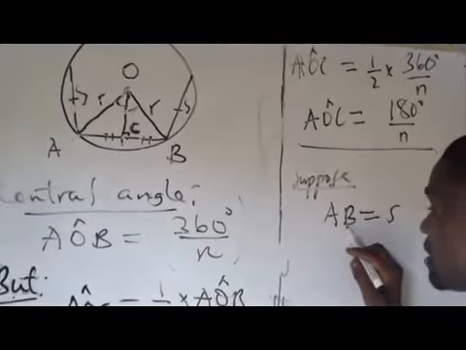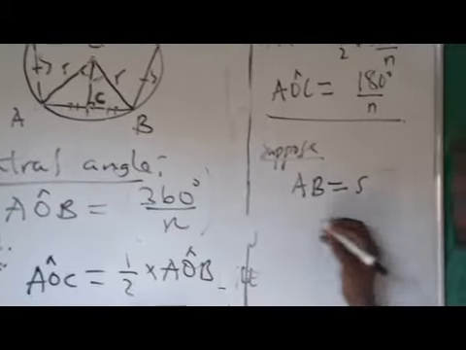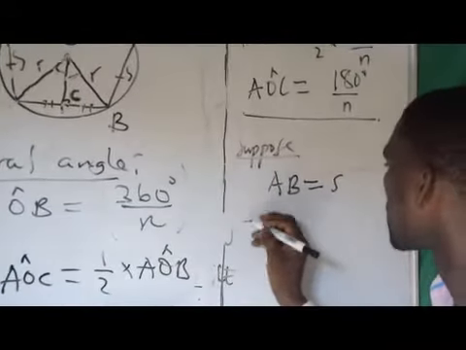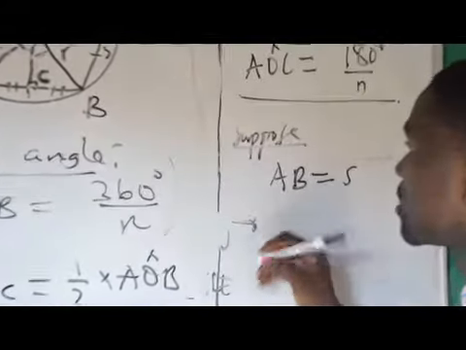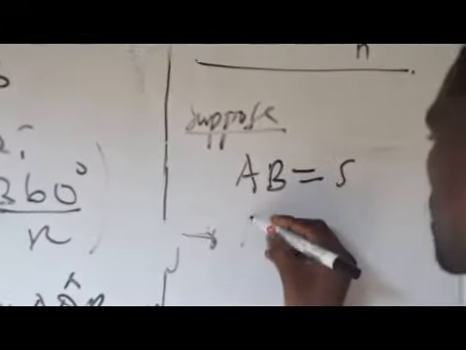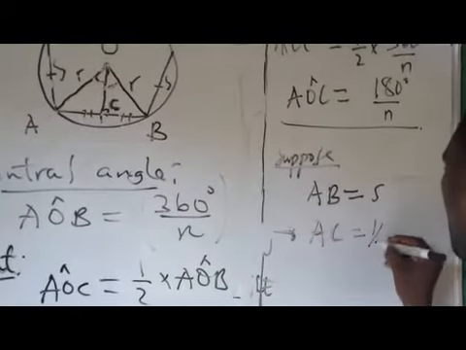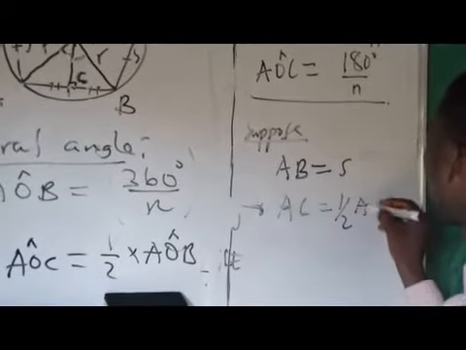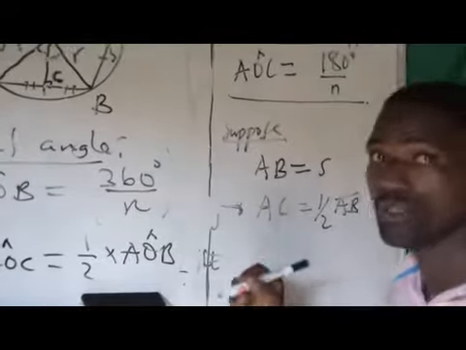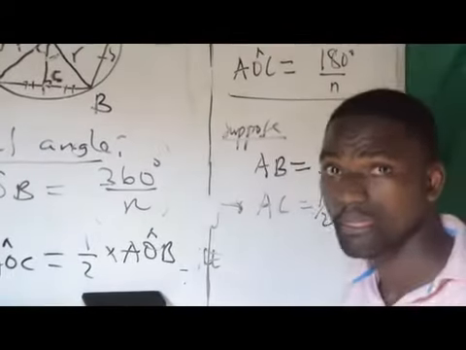Now if AB is equal to S, this means that AC, check the side AC, AC is equal to half of the total length AB. Are we going together?